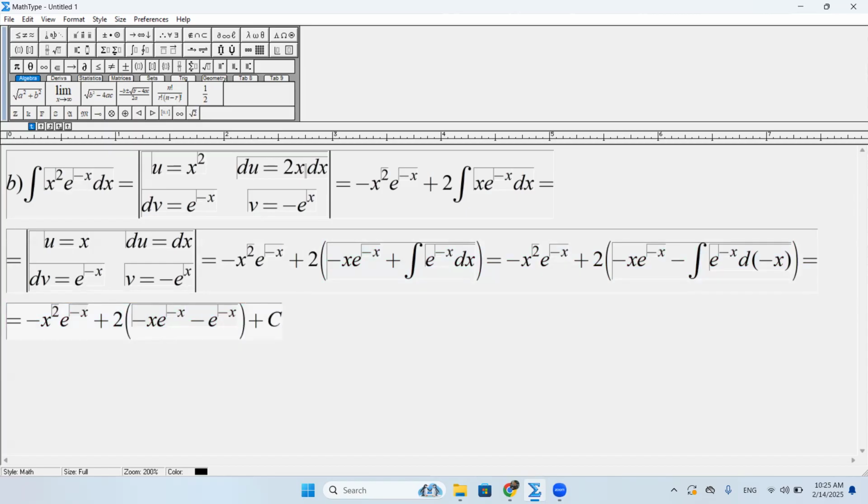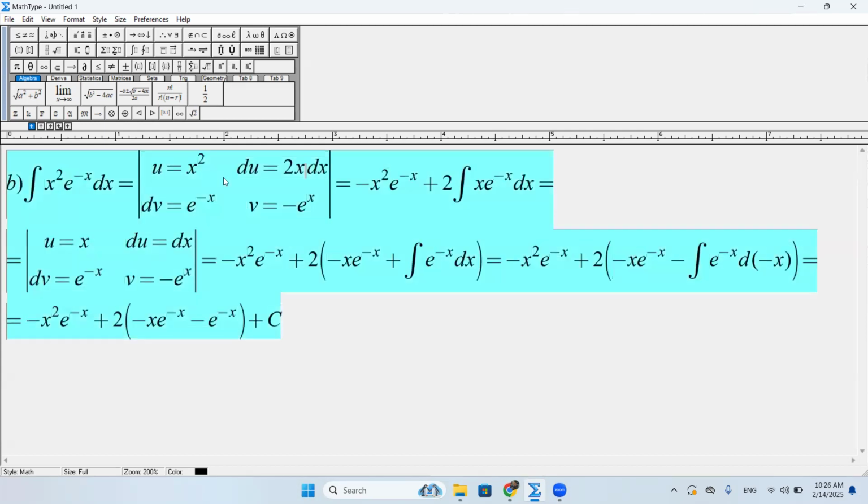So any questions about this exercise? So you understand the idea: depending on the degree of the polynomial, the degree equals how many times we use integration by parts. Okay, let's move next.